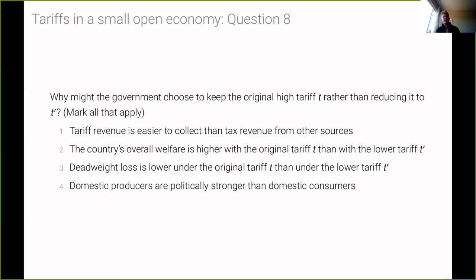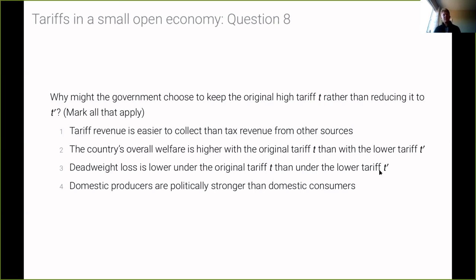Number 2 says that the country's overall welfare is higher with the original tariff T than with the lower tariff T bar. We've seen that that's not true. The country's overall welfare is definitely higher with the lower tariff T bar. So that can't be right. Number 3 says the deadweight loss is lower under the original tariff T than under the lower tariff T bar. That's not true either. Deadweight loss is lower under T bar.